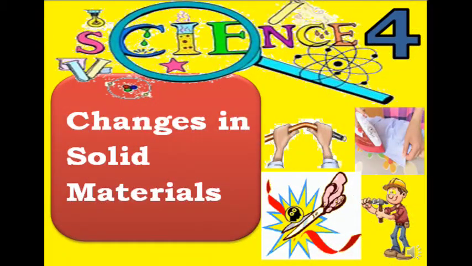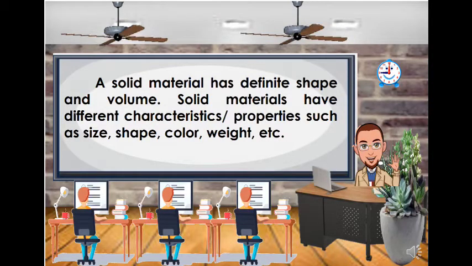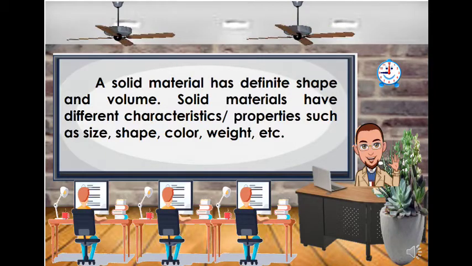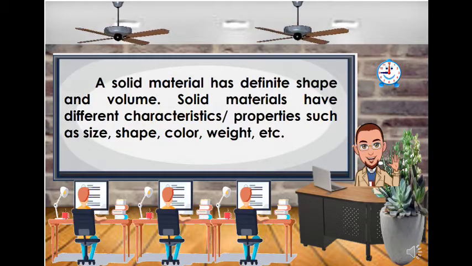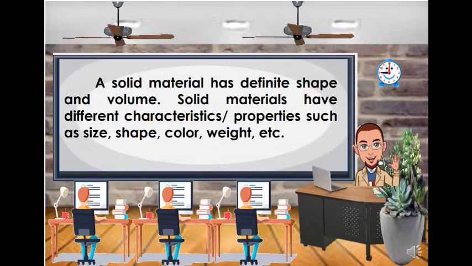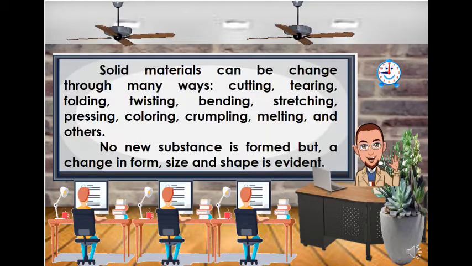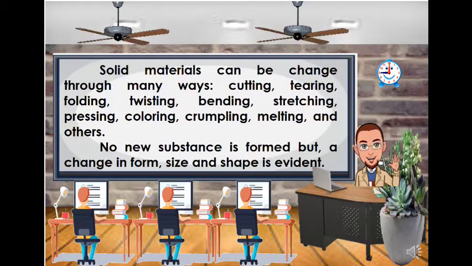Changes in solid materials. A solid material has definite shape and volume. Solid materials have different characteristics and properties such as size, shape, color, weight, and etc. Solid materials can be changed through many ways, like what?